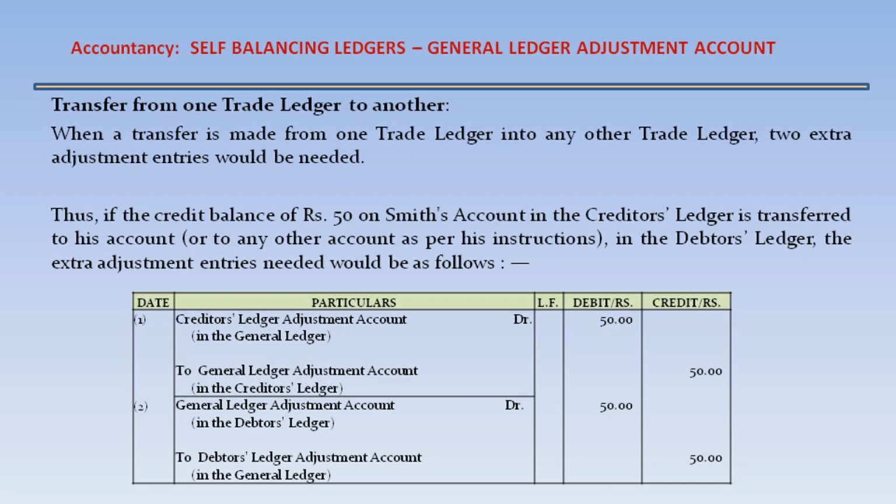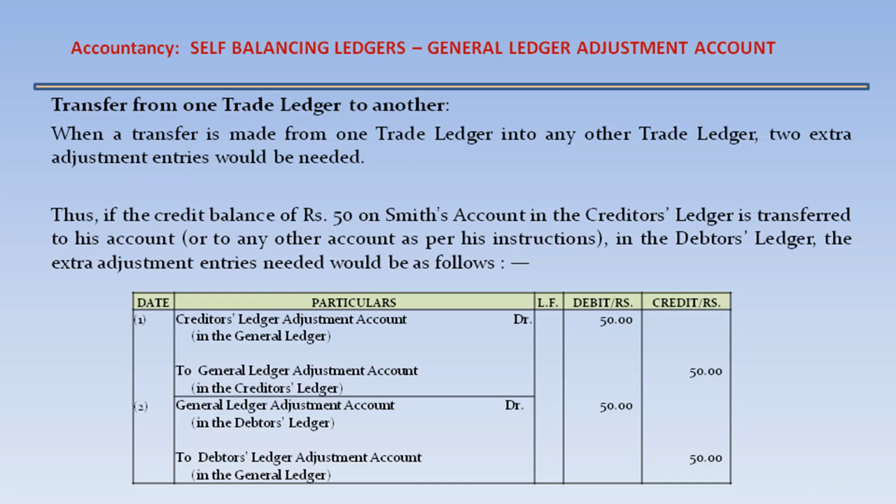Transfer from one trade ledger to another. When a transfer is made from one trade ledger into any other trade ledger, two extra adjustment entries would be needed. Thus, if the credit balance of ₹50 on Smith's account in the creditors ledger is transferred to his account, or to any other account as per his instructions, in the debtors ledger, the extra adjustment entries needed would be as follows.